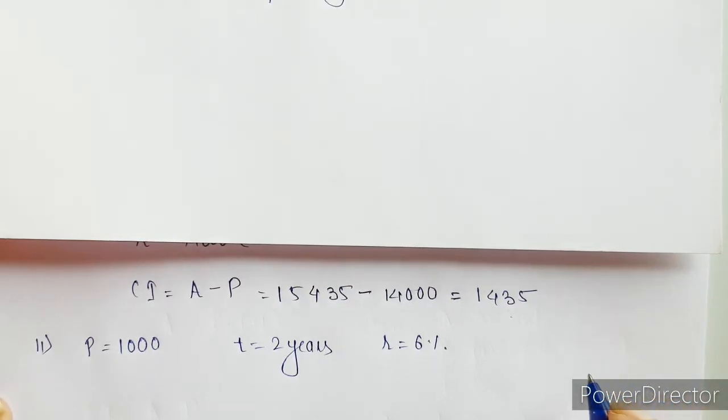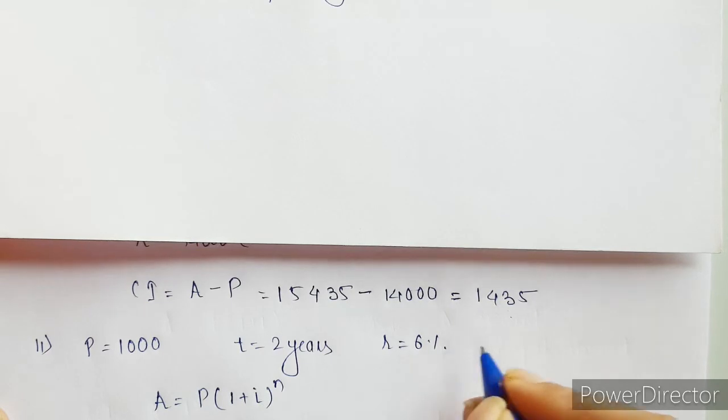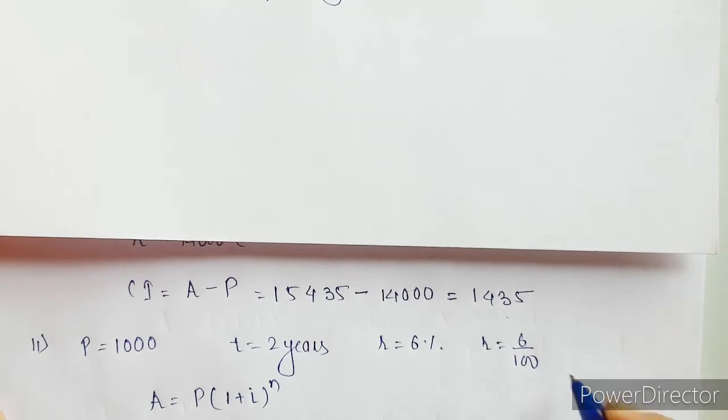Again, the formula for amount is principal into 1 plus i raised to power n. Now r is 6%, which is 6 upon 100, nothing but 0.06.